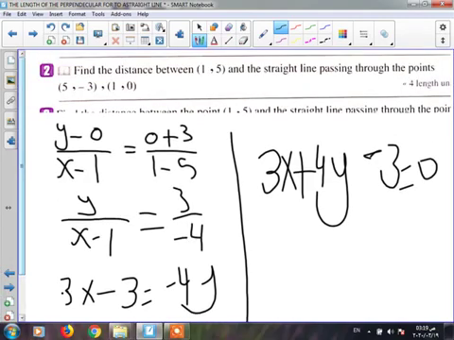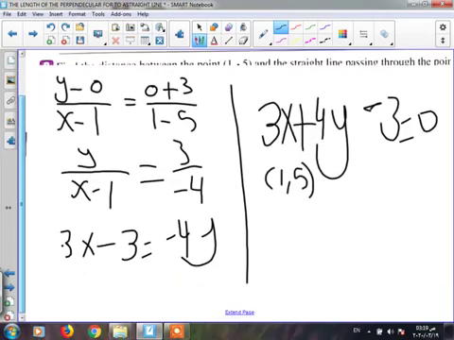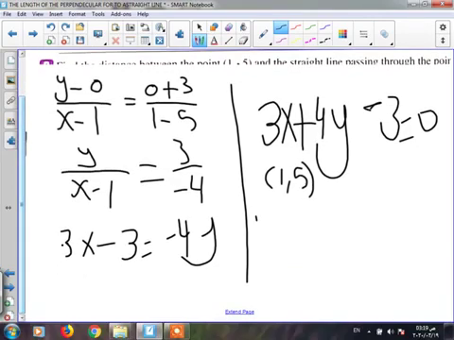This is your equation, and the point is going to be 1 and 5. In this case, we are going to find the perpendicular length. L is going to be the absolute value over the square root. A is 3 and B is 4, and C is negative 3, and x1 is 1 and y1 is 5.